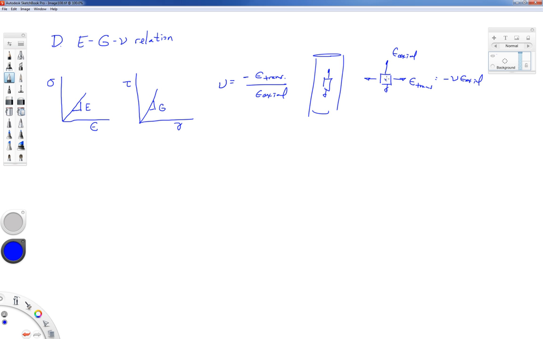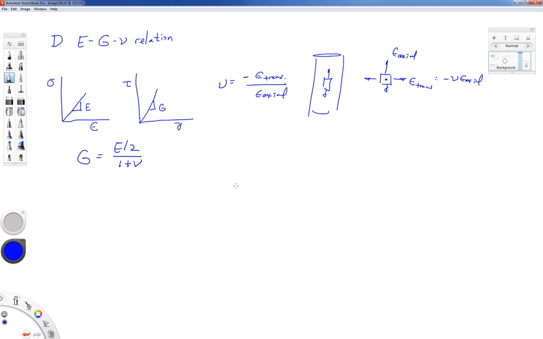We also get a strain through the radial direction of the bar as well, coming out of the page at us. Well, simply stated, the relationship among the elastic constants is G is equal to E over 2 divided by 1 plus nu. We're going to go through and show where this comes from in a little bit.